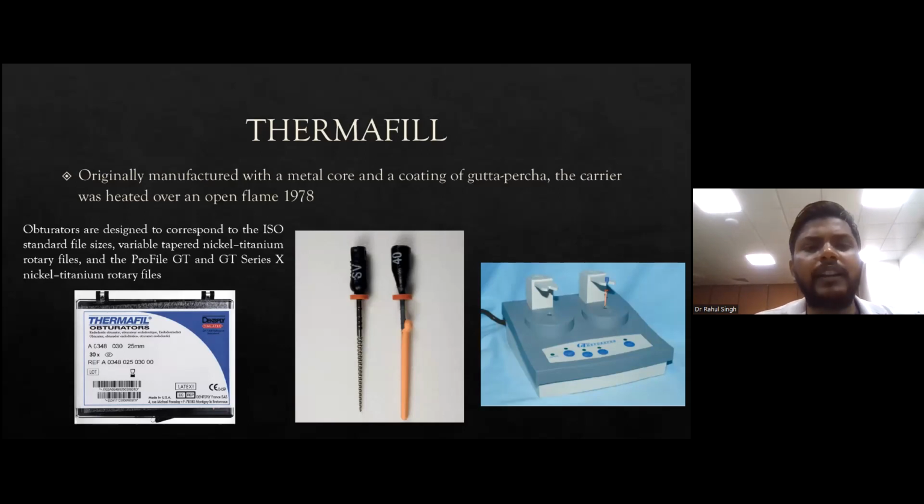Now, these Thermafil obturators have a carrier already coated with gutta-percha. The already coated gutta-percha is first softened in the machine, and then the softened gutta-percha is introduced into the canal and then compacted.